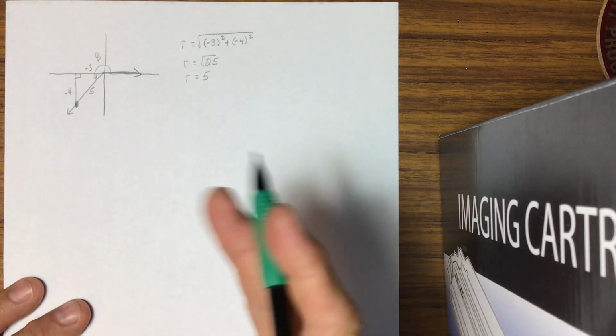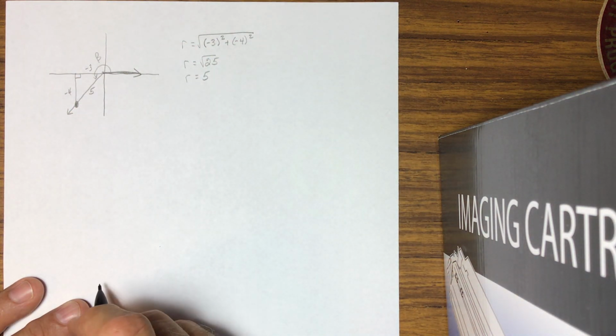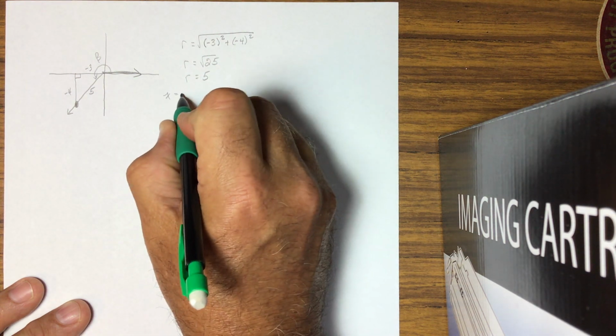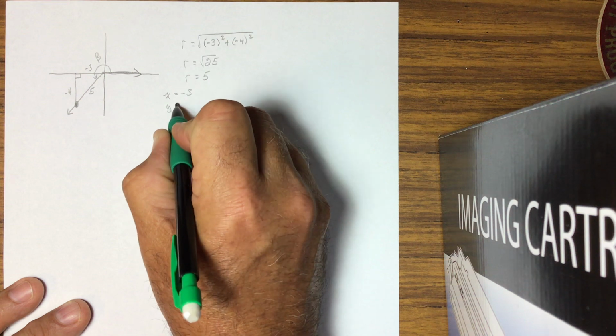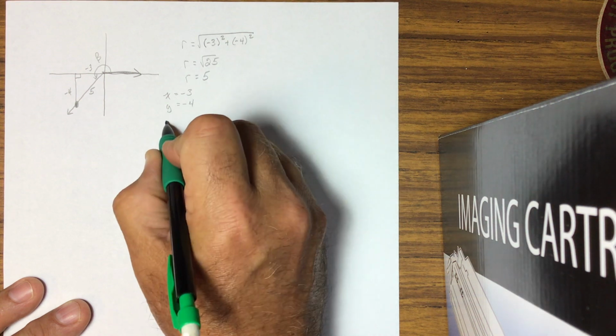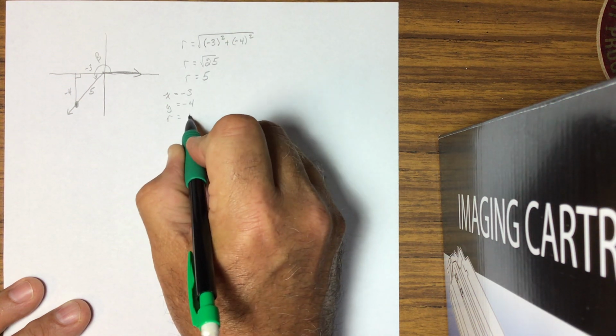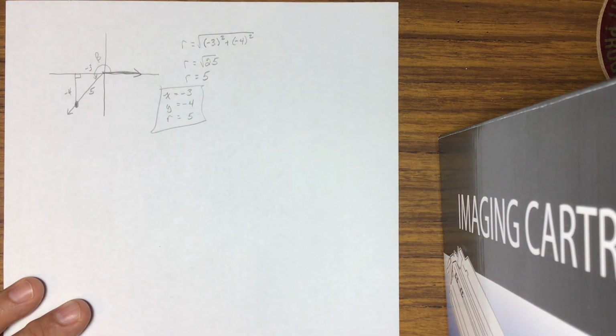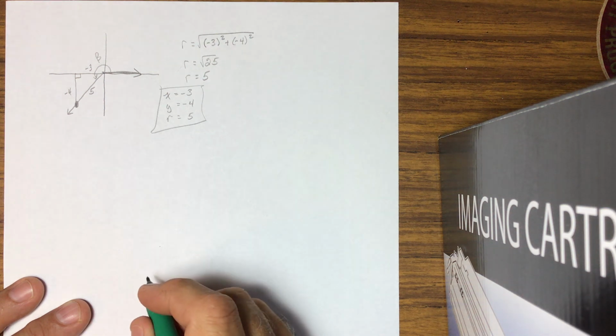Now I could think about my definitions of the trig functions, because now I have the value of x, that is -3. I have the value of y, that is -4, and I have the value of r, that is +5. And then I can plug those into those definitions in terms of x, y, and r, and I've got what they want me to do, the values of the 6 trig functions of beta.